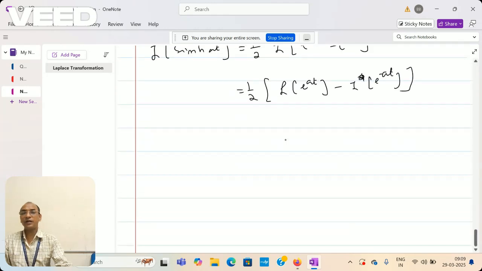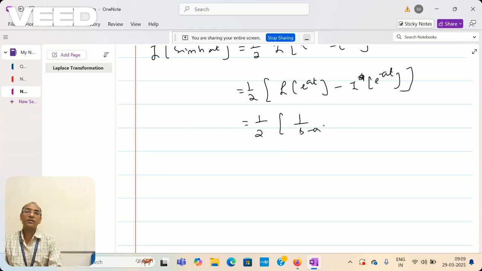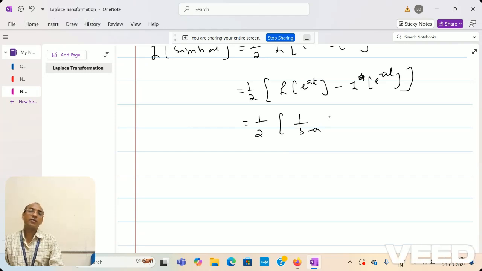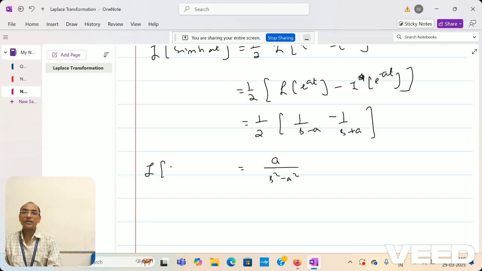If you find this and simplify it, this will be 1 by 2 into (1 by s minus a minus 1 by s plus a). If you simplify this, we will get a by s square minus a square. So this is the Laplace transformation of sinh at.